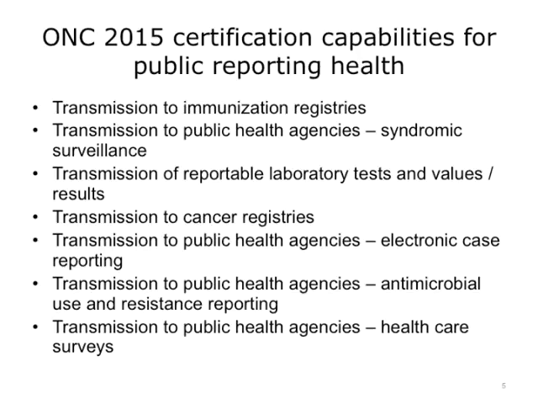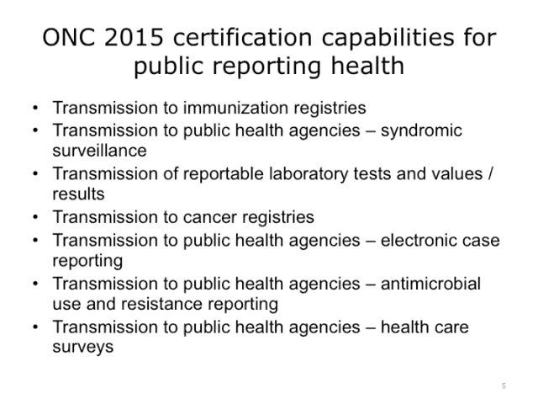Each of these has interoperability standards associated with them, with the exception of electronic case reporting. As of August 2016, a specific standard has not yet been named for electronic case reporting, although HL7 CDA or HL7 FHIR are both discussed as possible options in the certification testing guide.